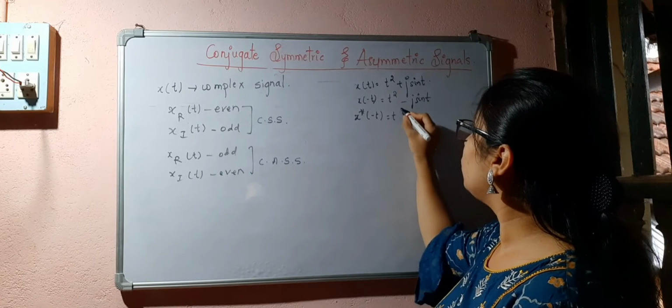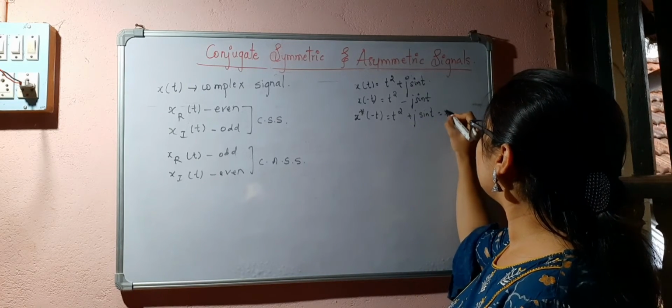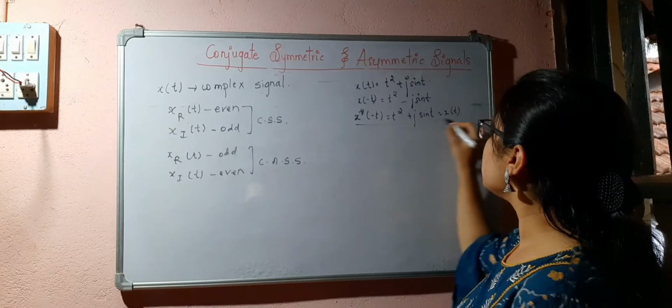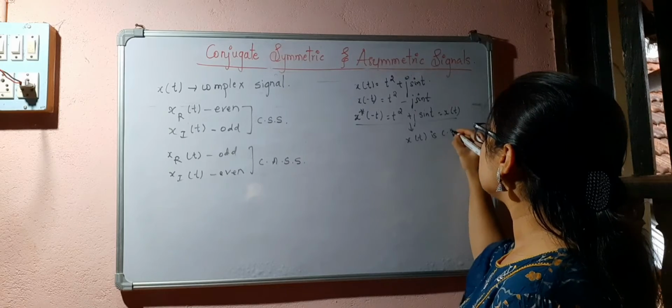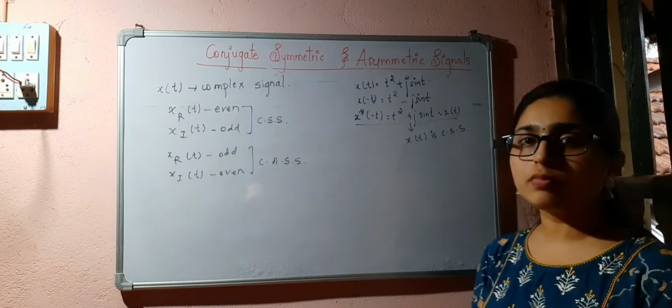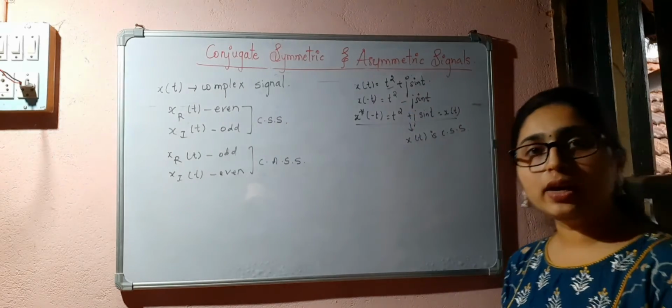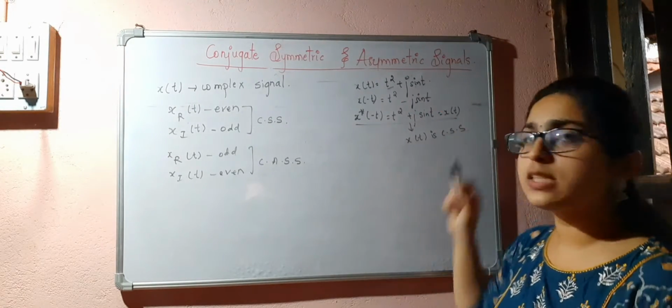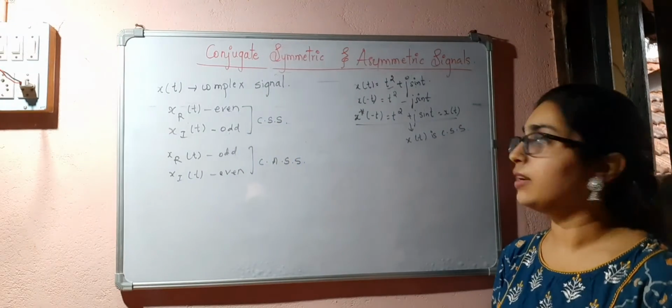That is equal to t square plus j sin t, which is equal to x of t. So this concludes that x of t is a conjugate symmetric signal. So you can see this t square is even, sin t is odd. So even and odd, the conjugate symmetric signal.